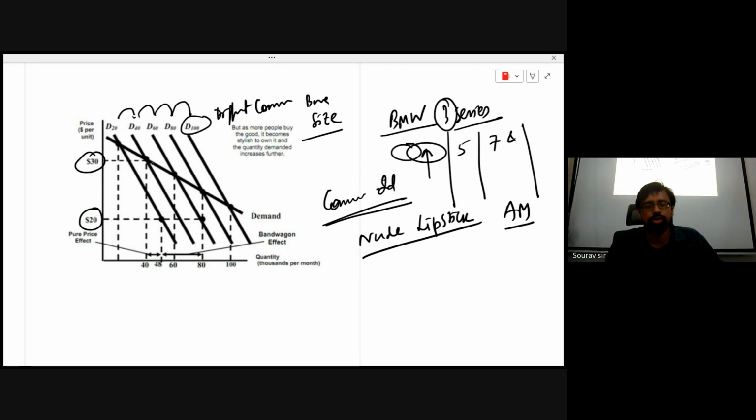So either you have to create a bigger propaganda or you lose the entire market. And this effect, ये जो effect आ रहा है, I'm showing it with respect to the yellow. This part, this fall, this is the zone of the bandwagon. क्या समझ में आया? So social influence on demand.